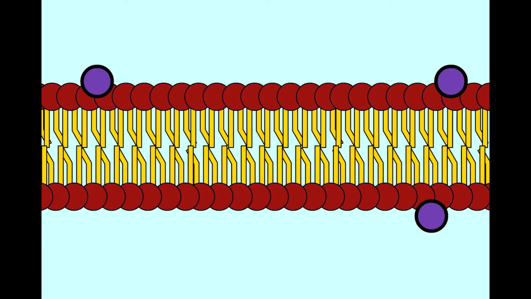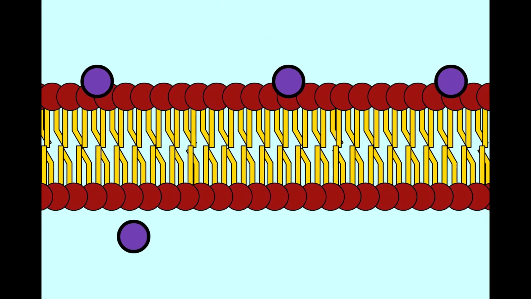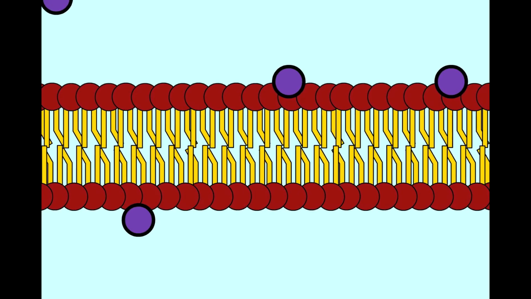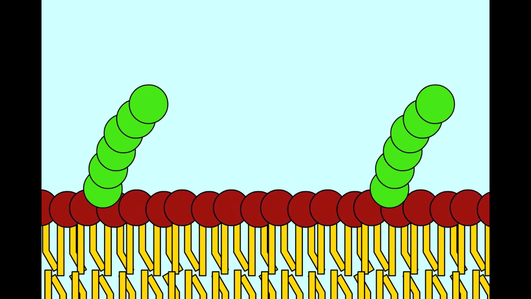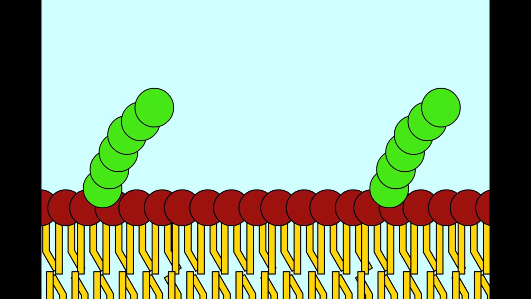Now, the peripheral proteins are those proteins found on the outside of the membrane, found both inside and outside of the cell. These are usually temporary proteins, such as hormones, that attach to the cell membrane, perform a function, and then leave. There is also an extra addition to both the integral and peripheral proteins, that being the glycoproteins.